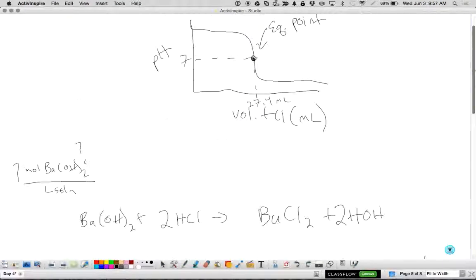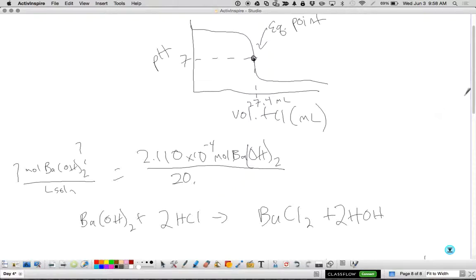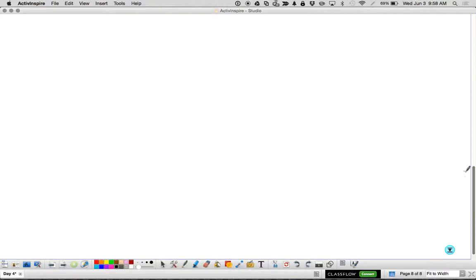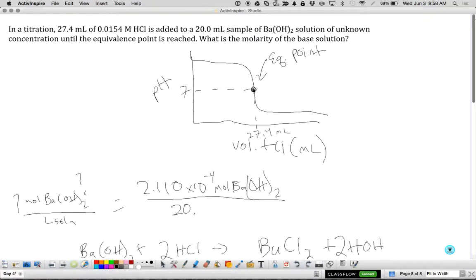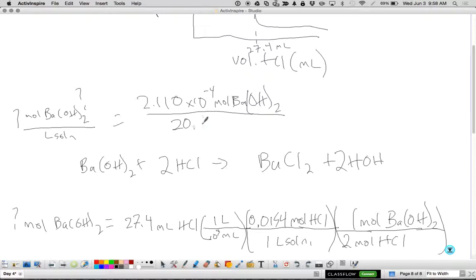And I can put this up here: barium hydroxide in 20.0 milliliters of solution.